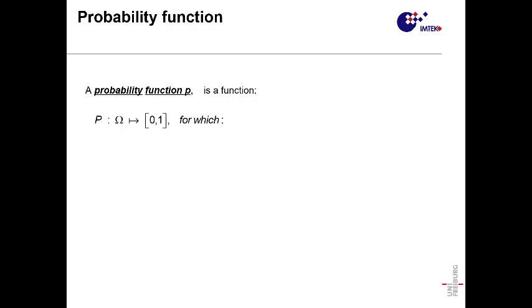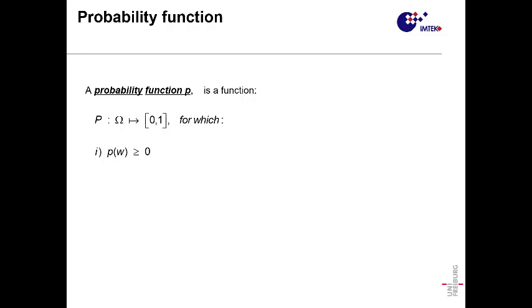Now we are saying for the probability function, it has to map it between 0 and 1. And of course, if we map it between 0 and 1, you can already think about the previous consequences. You're going to follow all the others, the consequences and axioms.